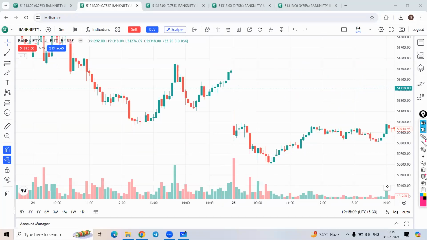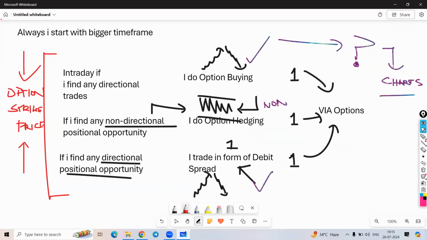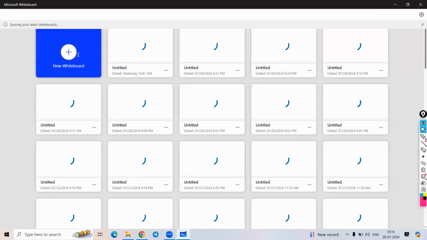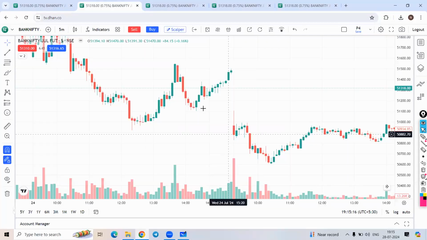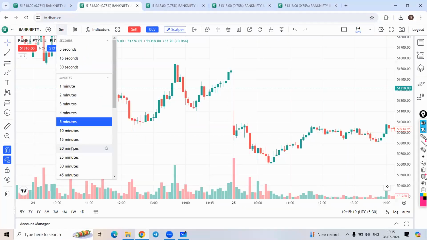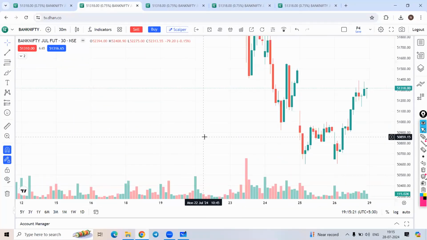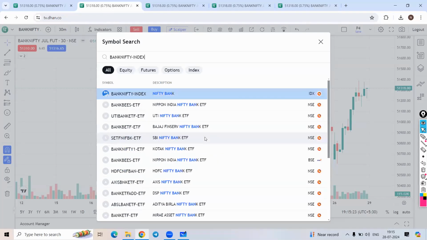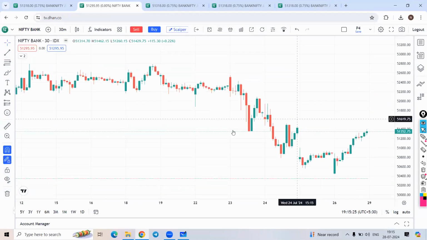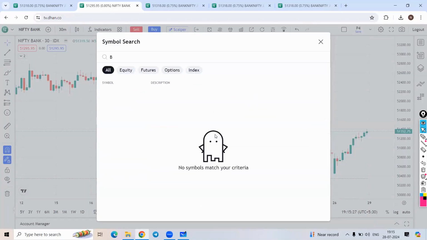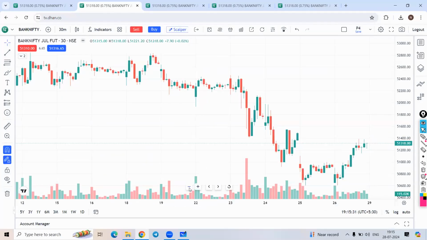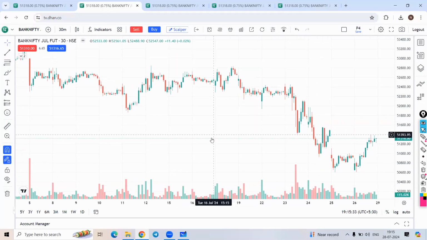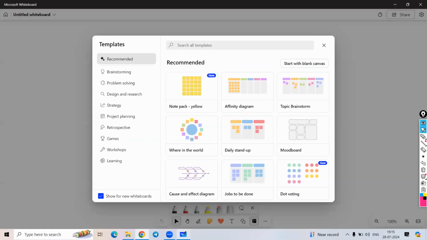Now let's understand with the charts. Okay, we will go slightly technical in understanding the chart. As I already mentioned, future chart, spot chart, everything is the same. Future chart will have traded volume, spot chart will not have traded volume. That's the only difference.